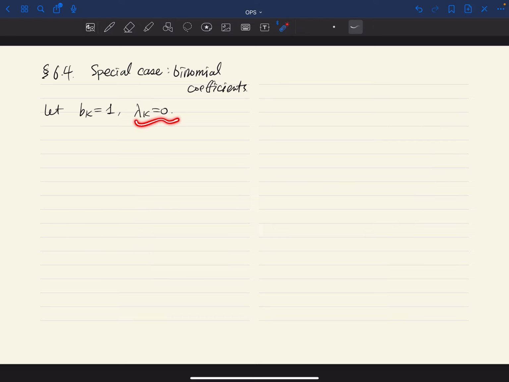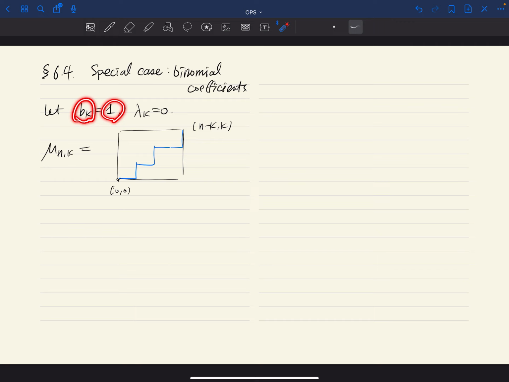If lambda is 0, we already know that mu_{n,k} is the generating function for paths that go from 0, 0. We already changed the translation, so it's something like that. It's n minus k comma k, where we go up or horizontal like that. And we put weight x_i if this is height i.